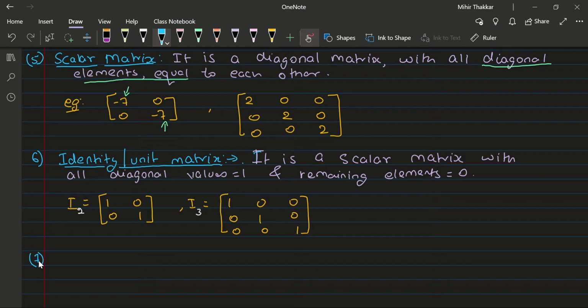After this, the next type of matrix that we have is the symmetric matrix. It is a very important matrix. Once again, let us understand symmetric matrix.